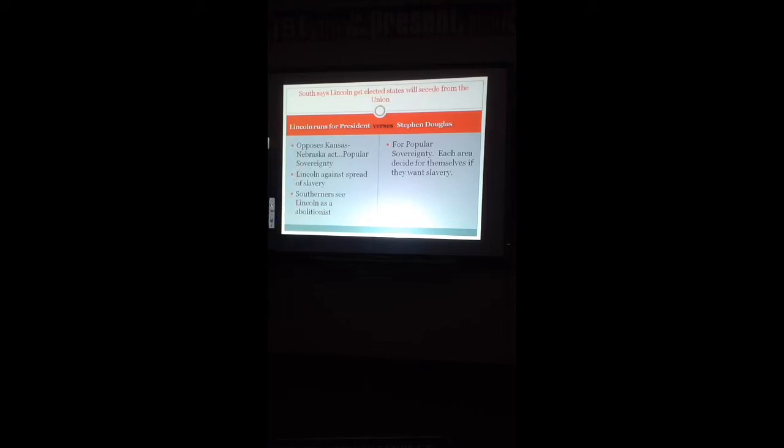There were three people who ran for president. Stephen Douglas was probably the one who would be his greatest competitor, you would say. And so this is what Lincoln ran on. He opposed the Kansas-Nebraska Act, the idea of in these new territories that the people could decide.